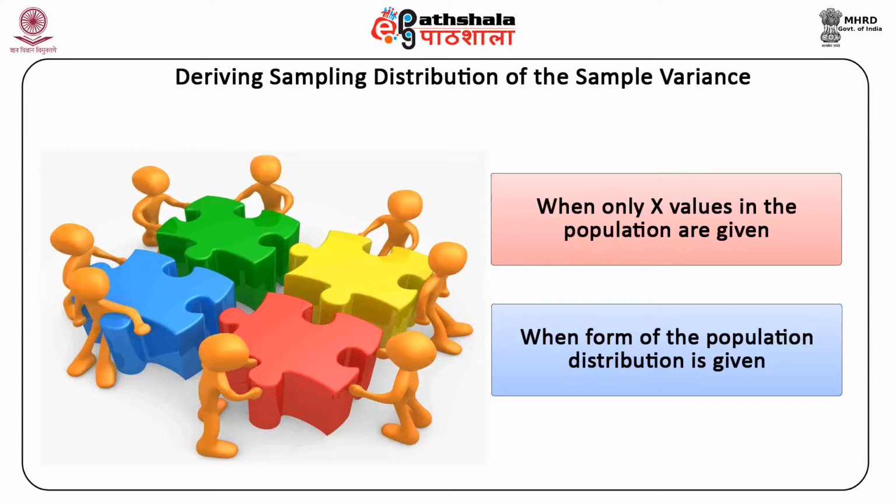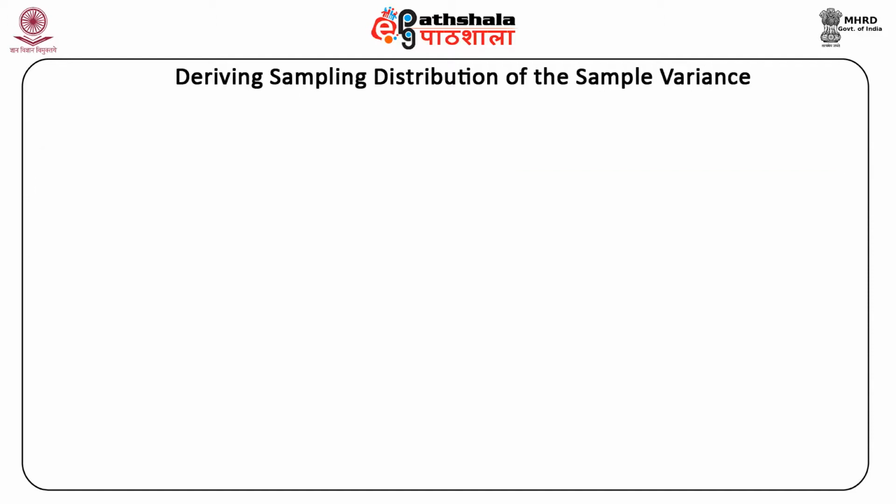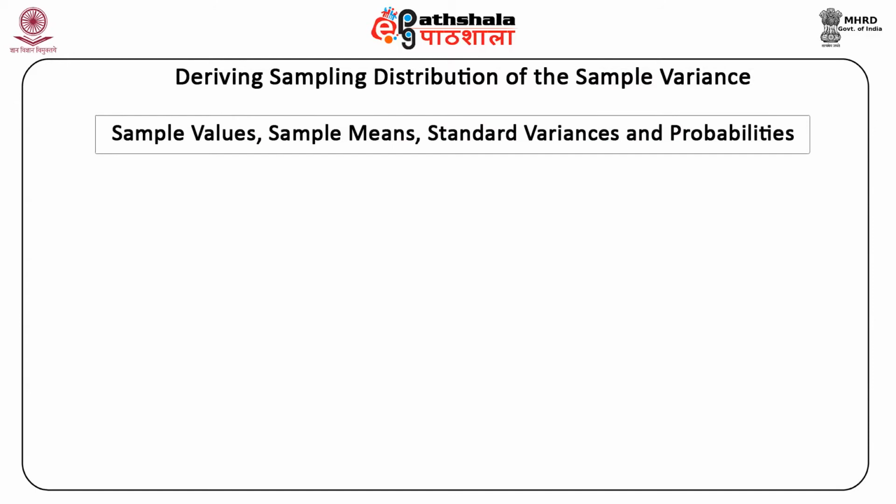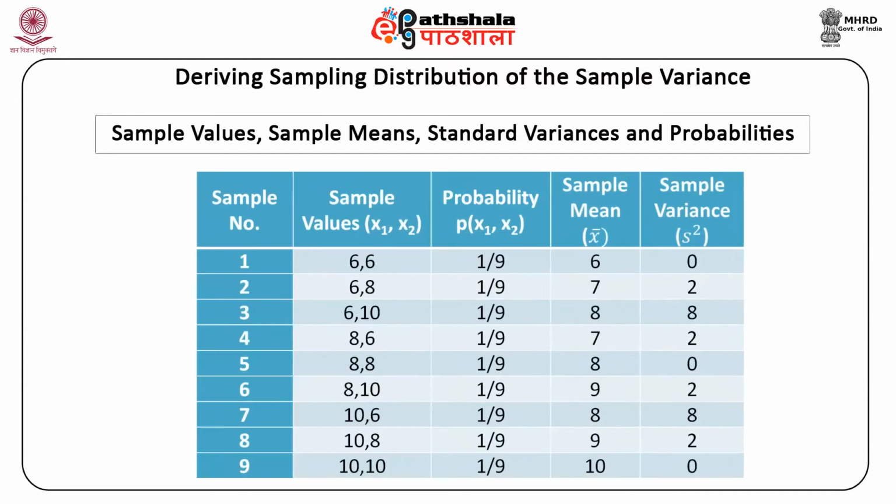Table 1 below lists all possible sample values along with the mean of each of the 9 samples. Since the samples are independent of each other, the probability of getting each sample is the same and is equal to 1/9. Table 1: sample values, sample means, sample variances and probabilities.